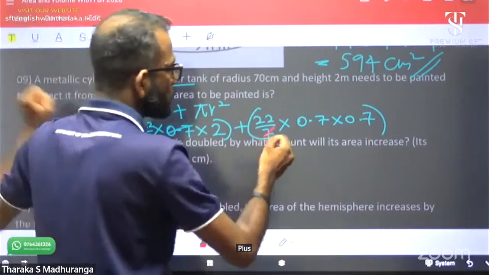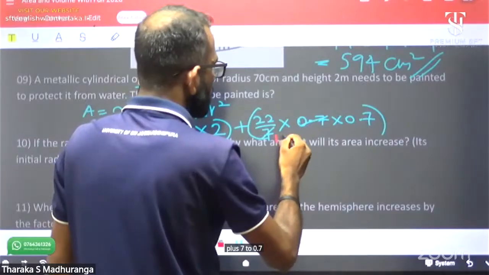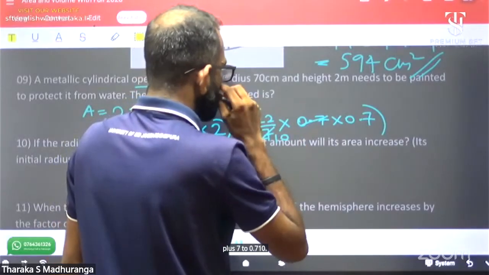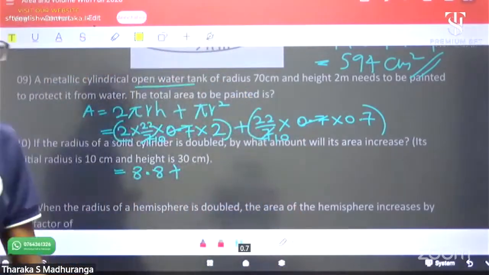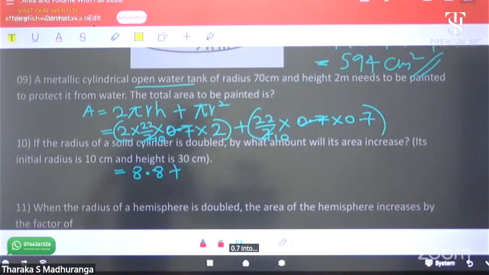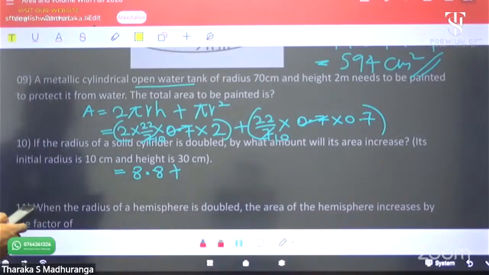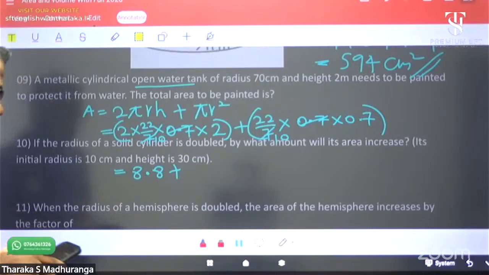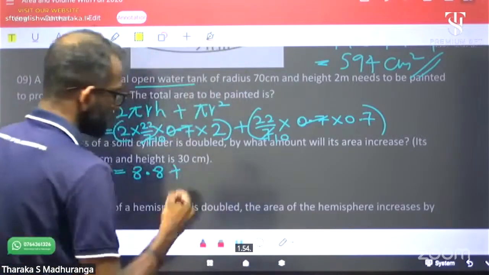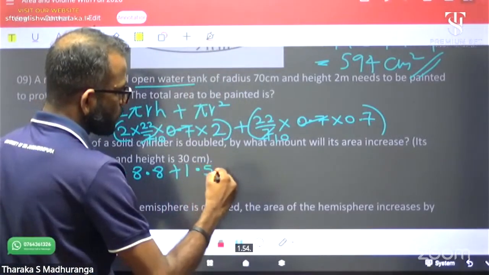Plus 7 to 0.7, 10. 0.7 into 22 divided by 10, it is 1.54.